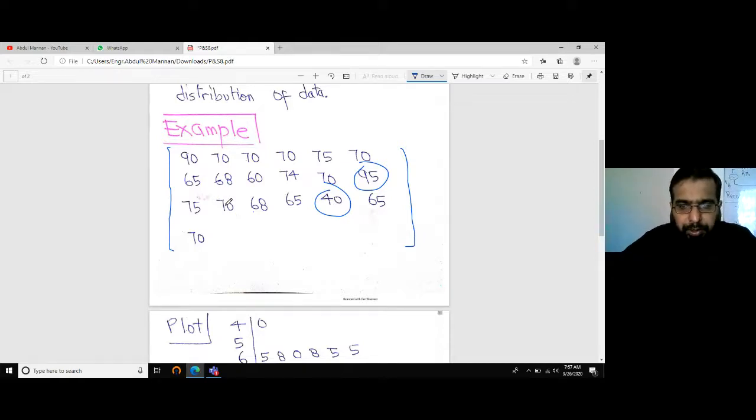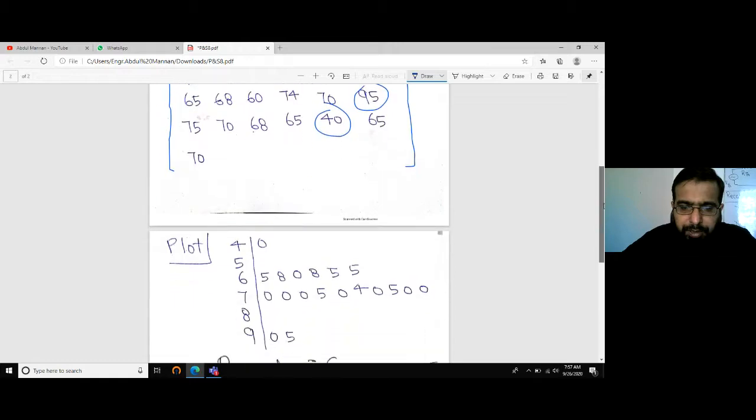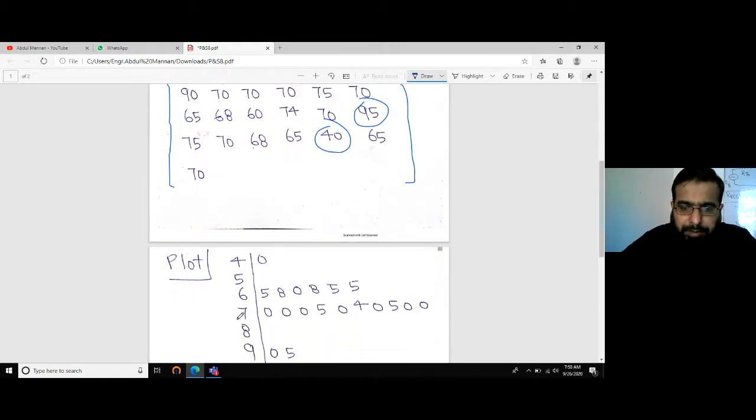An appropriate selection of stem would be 4, 5, 6, 7, 8, and 9. These are the stems of the data.